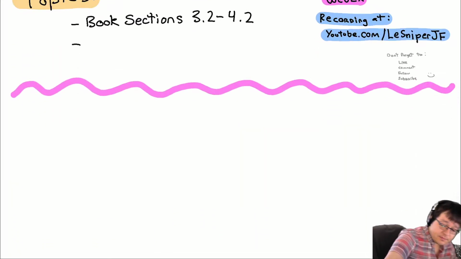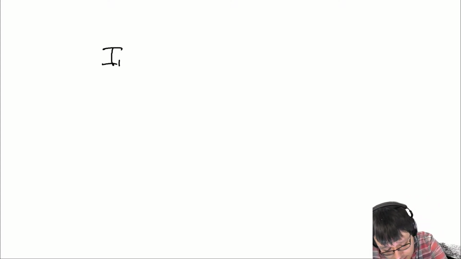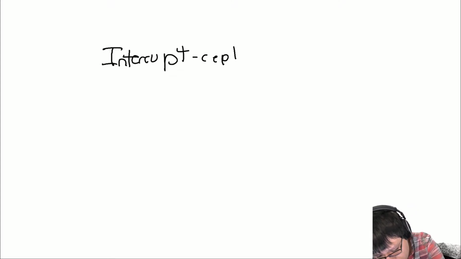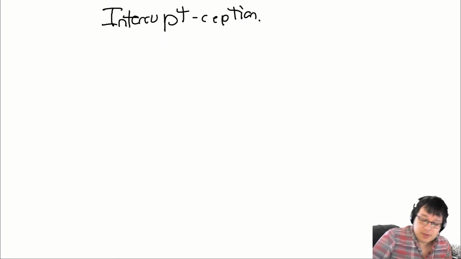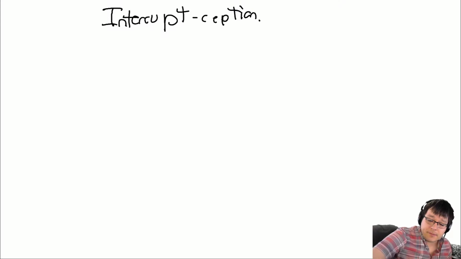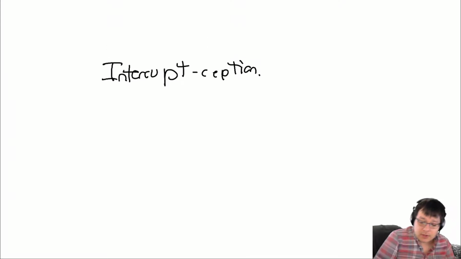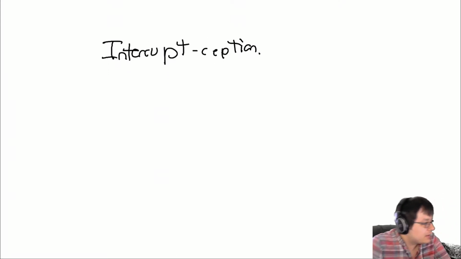So with interruptception here, coming from Inception, the idea is what happens. Normally you have your, I'm going to simplify the instruction cycle state diagram.